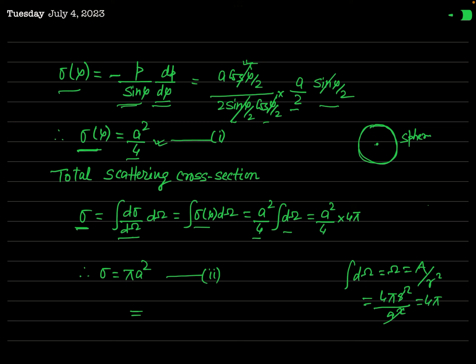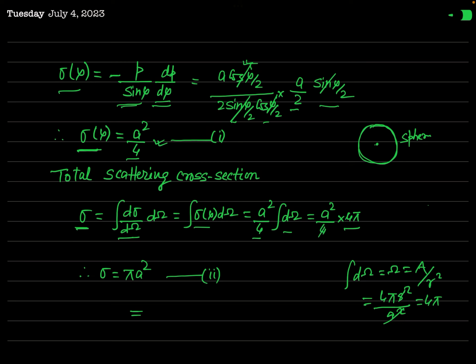Okay. But in general, if there is any closed surface, and the point where the solid angle is to be calculated is inside that closed surface, the total solid angle subtended by a closed surface at any internal point is equal to 4 pi. So I have substituted here 4 pi in place of the integral of d omega.